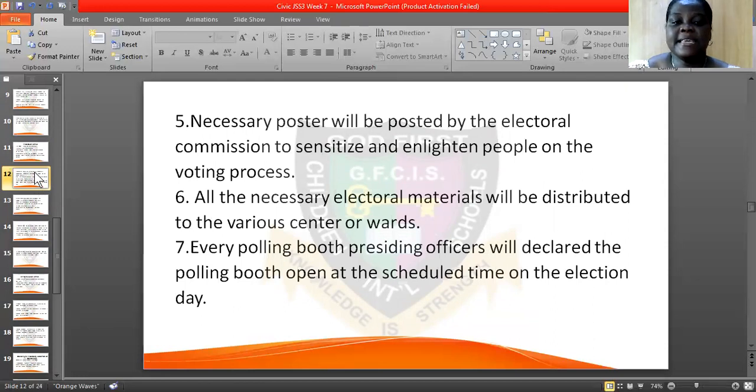And the electoral body will make the electoral materials available at the different centers or wards. And at every polling unit, all the officials working there will now declare the poll open.